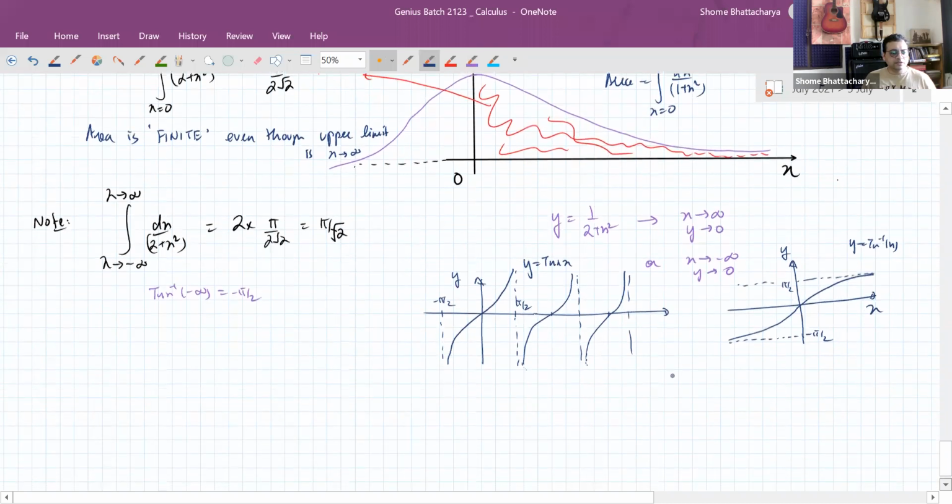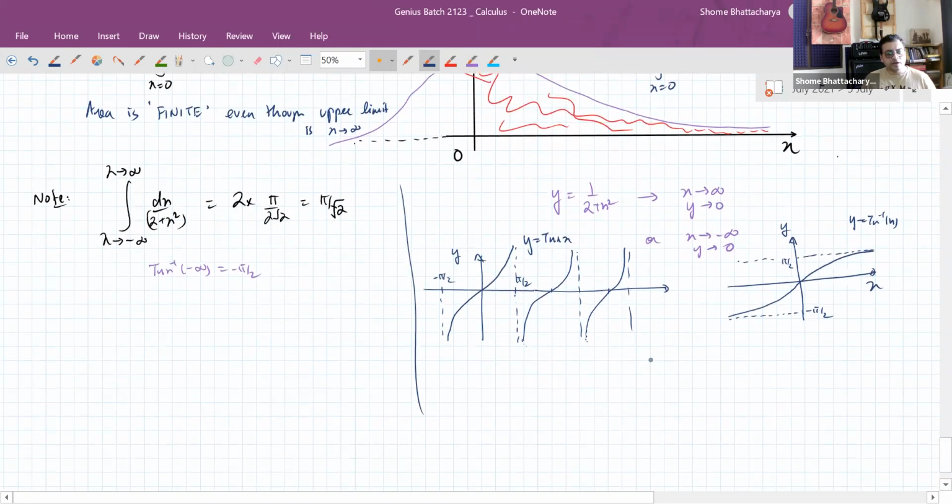So whether you take a function like y is equal to sine inverse x, or y is equal to cos inverse x, or for that matter y is equal to tan inverse x, if you see the reverse of this, x is equal to sine y. Now here, y is the independent variable, x is the dependent variable. So we can have multiple values of y which point to the same value of x.